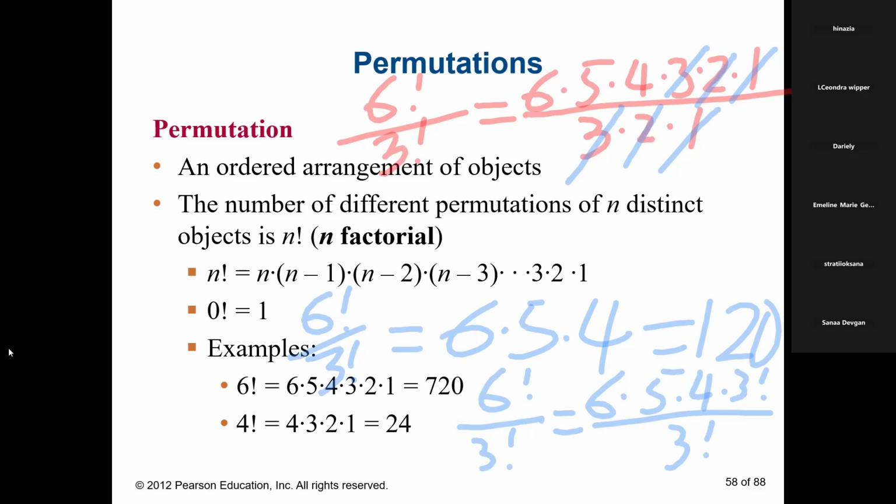And then I cancel the 3. See here, I still get 6 times 5 times 4. Is this clear? If the bottom number were 4 factorial, I would stop at 4 factorial. If the bottom number were 5, I would stop at 5 factorial. Is this clear? Okay. Now, let's continue here.